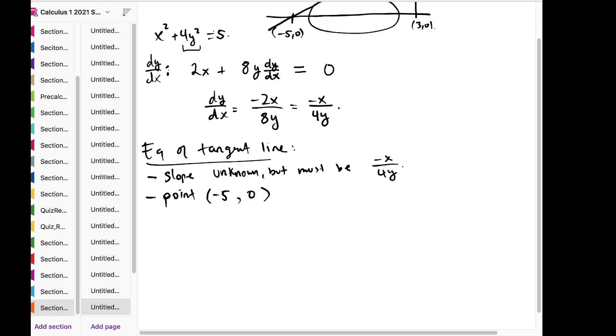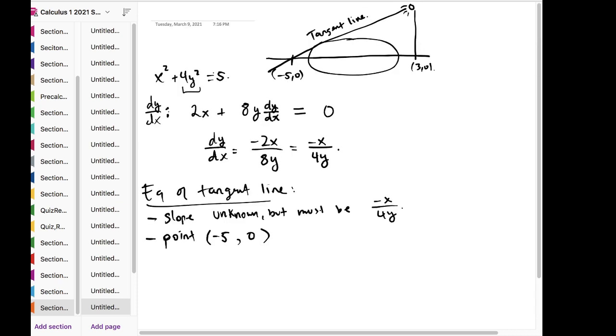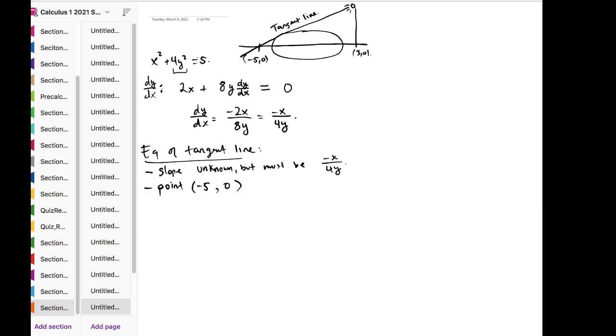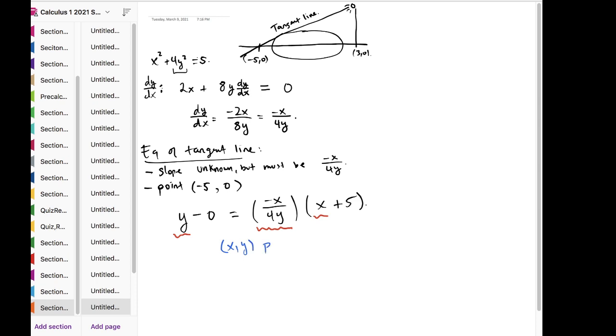Okay, so we have y minus 0 is equal to -x over 4y, times x plus 5. So xy is a point on the ellipse.